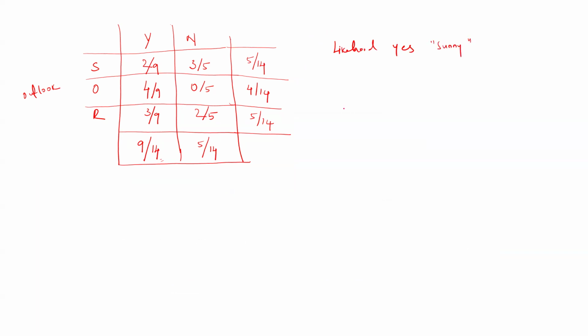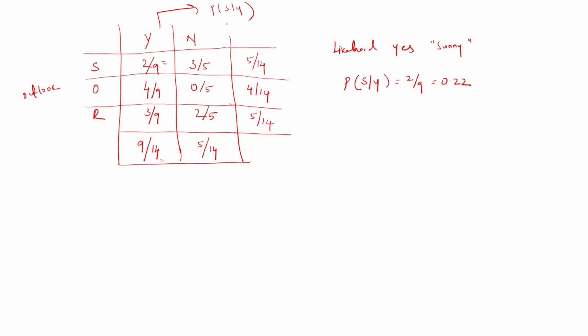Given sunny. Now probability of sunny given yes, so how many are there? It is 2. Probability of sunny given yes is 2 by 9. If you calculate, you are going to get 0.22. That is this one, probability of sunny given yes.